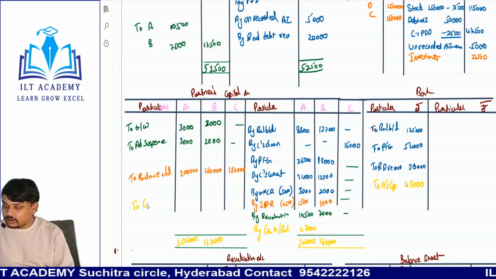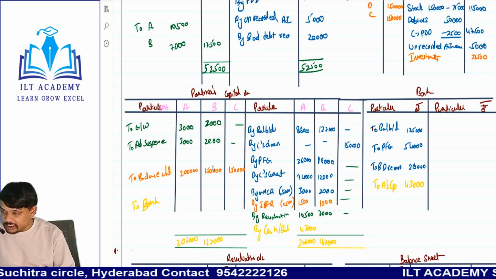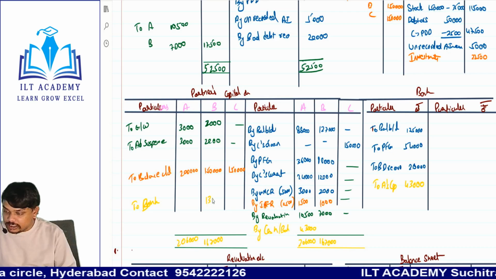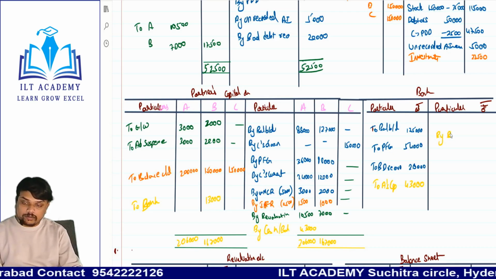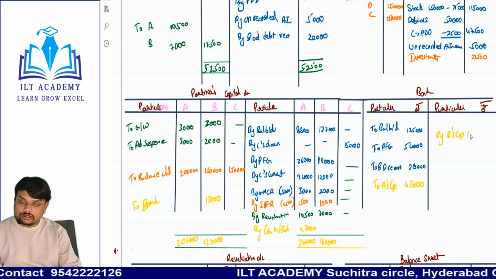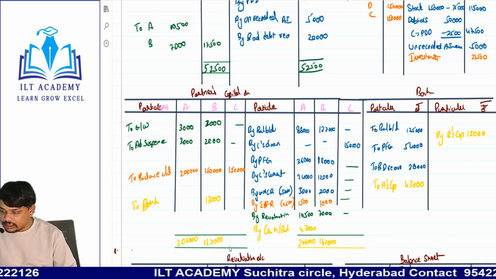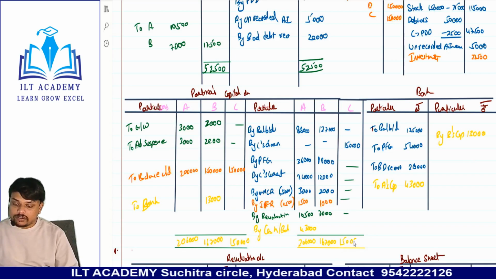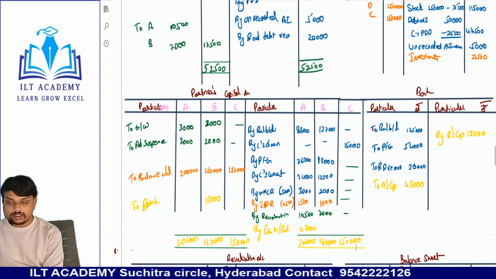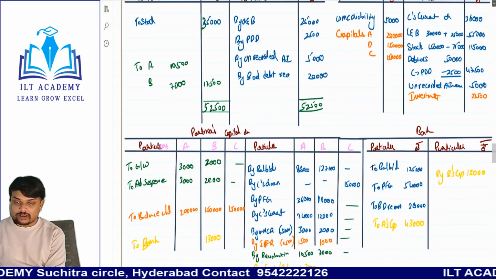Here remains to bank. 167 minus 150, which is 13,000, and this will come over here by capital 13,000. Apart from this, there is no adjustment. It will be 1,50,000. Perfect. So these are the adjustments when it is done through the cash account.